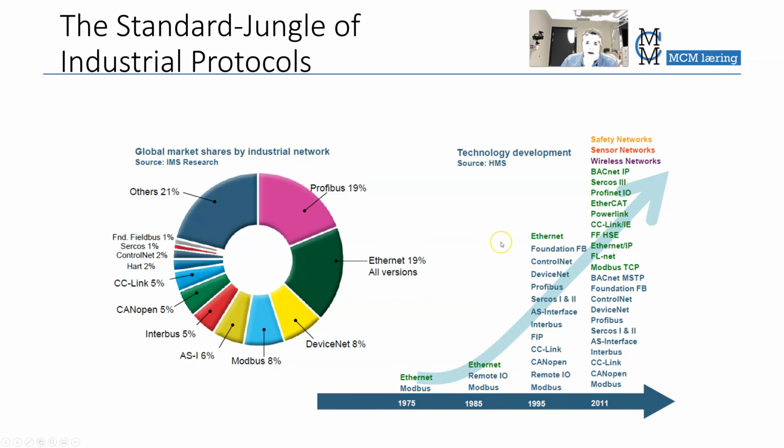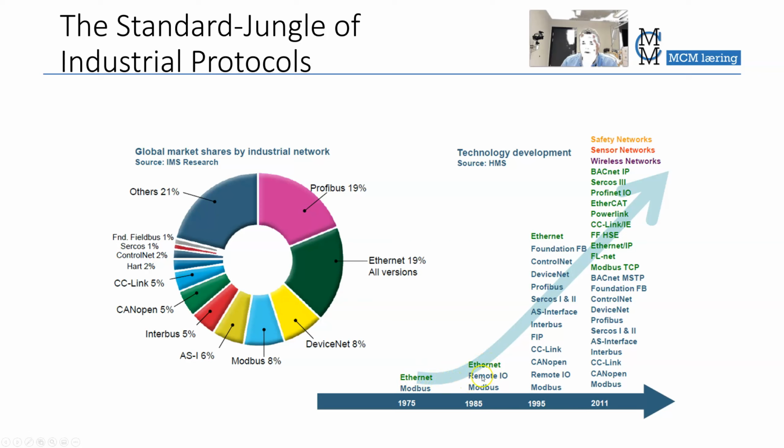In office communication, since the 1970s, we have had Ethernet. That is the green one here. And Ethernet is still around and still used for office purposes. We have seen more wireless networks in office buildings, but in 1975, in this blue here, Modbus was introduced, and that is a serial bus, so it's not TCP/IP based.